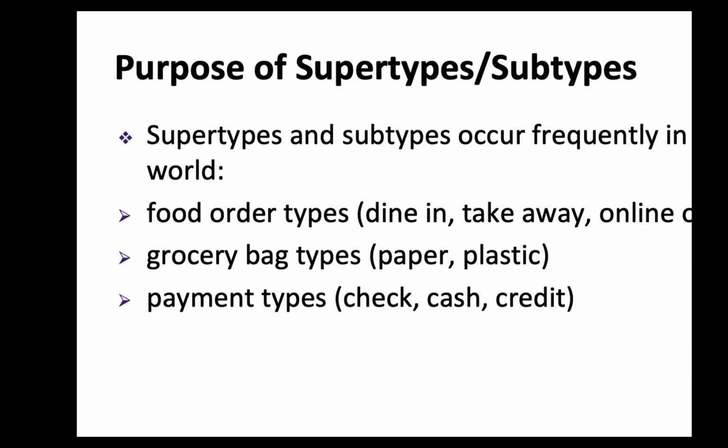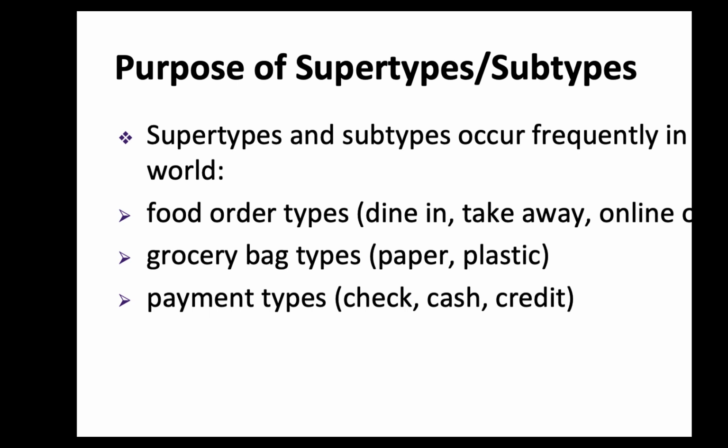So we will discuss the purpose of supertypes and subtypes. Supertypes and subtypes occur frequently in the real world. For example, food order types could be dine-in, takeaway, or online orders, right? So maybe we can make 3 entities for each type of food order, right? But dine-in, takeaway, and online order are the subtypes of a supertype, food order.